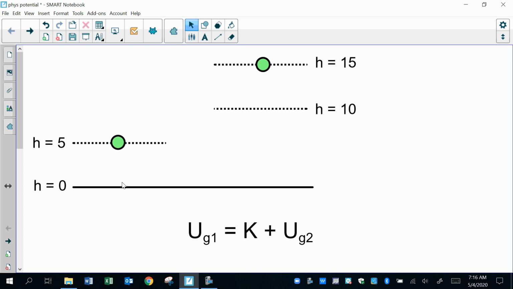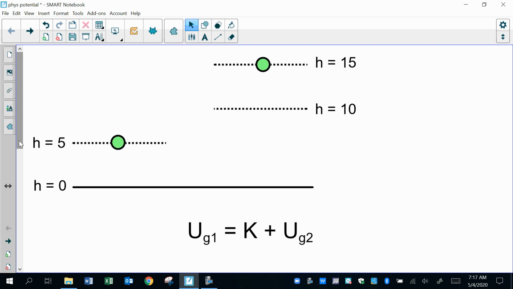The earth pulls equally at all locations on the earth, which means that a ball should be pulled down with the same speed. So it doesn't matter if I'm going from 5 down to 0, from 15 down to 10, or from 1,000,005 meters down to 1,000,000 meters. As long as that gravitational field, 9.81, stays the same, it's going to fall the same speed.